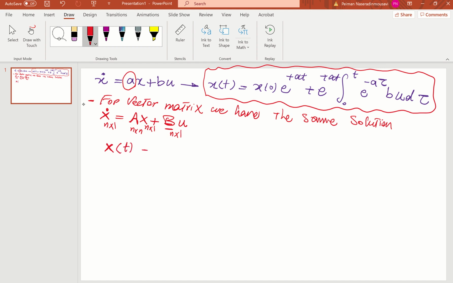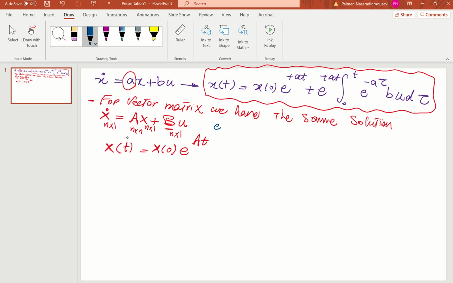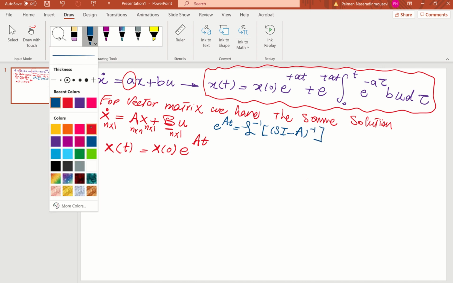So x of t, I'm copying from here, is the state vector at the initial time, x of 0, times e to the power of At, the matrix exponential that we calculated in previous classes. The matrix exponential e to the At is the Laplace inverse of (sI minus matrix A) inverse.